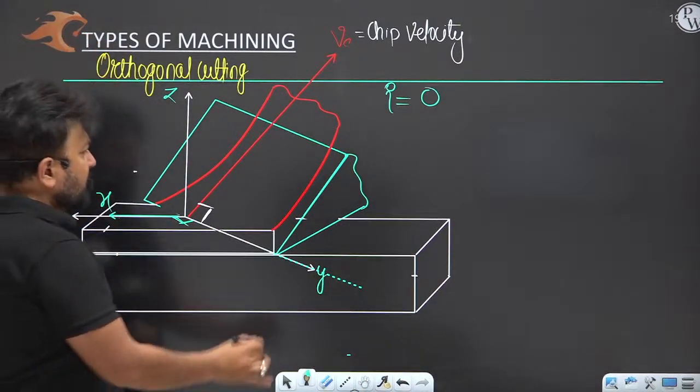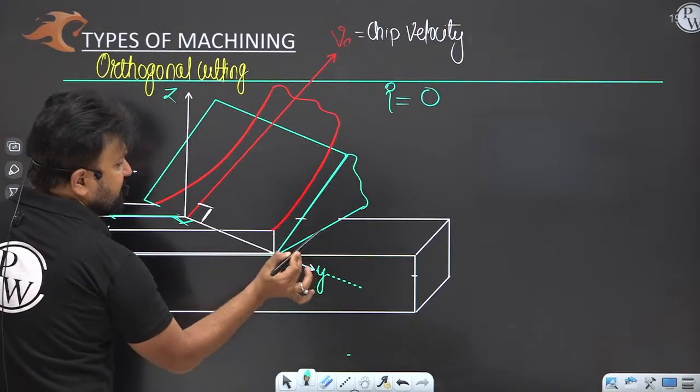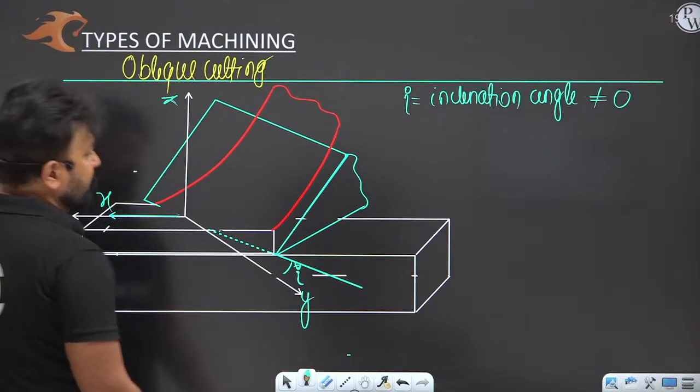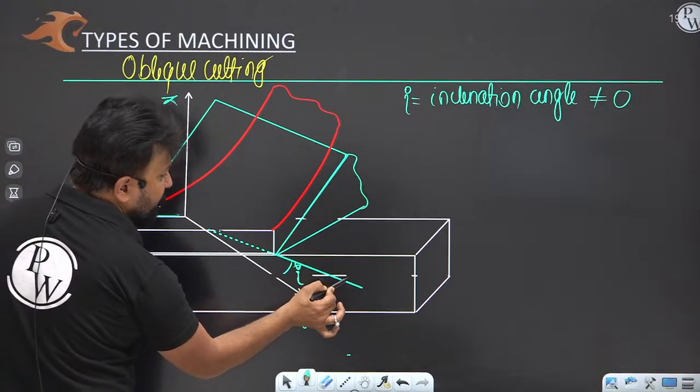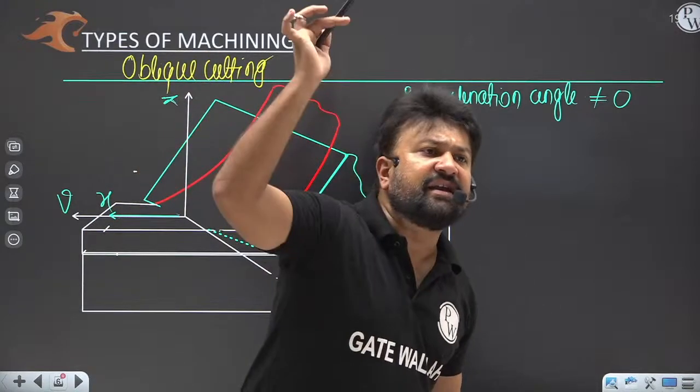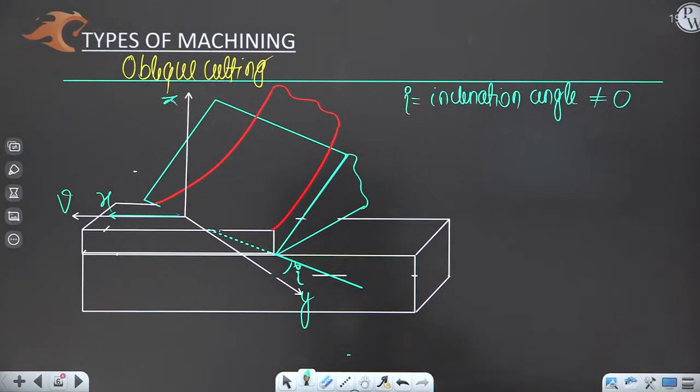In orthogonal cutting, the inclination of the cutting edge from the y-axis is 0. In oblique cutting, there will be an inclination angle of the cutting edge from the y-axis. Is it clear now? Anybody has any doubt regarding this?